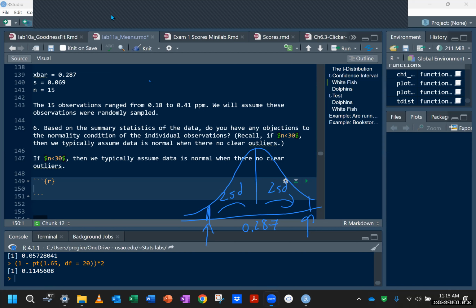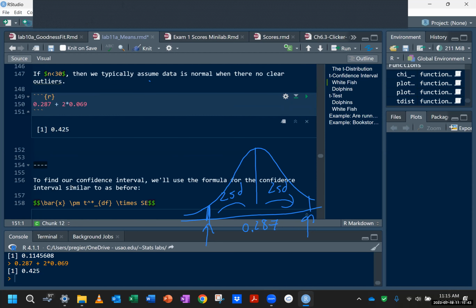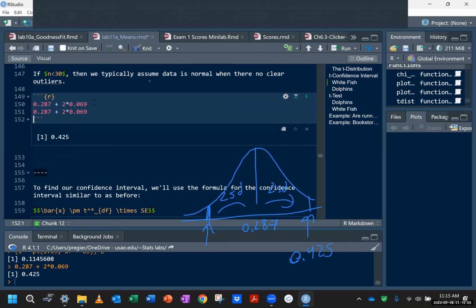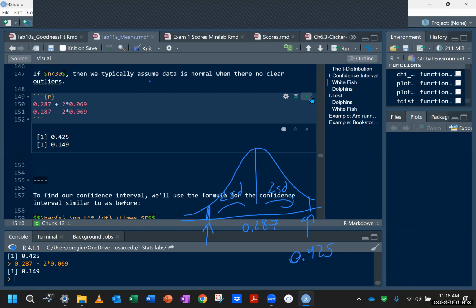If our data is within those range, we can be pretty safe. Let's see if we can find that. If X bar 0.287 is our mean, let's go 2 standard deviations to the right. Here was our standard deviations. So if we look at that, 2 standard deviations to the right is 0.425. Okay. And let's do the same thing, but go 2 standard deviations to the left. 0.149.